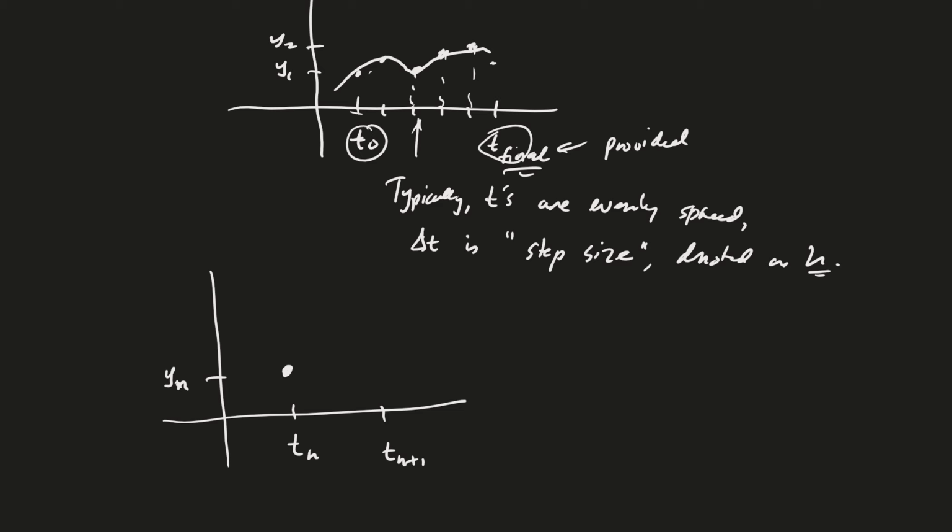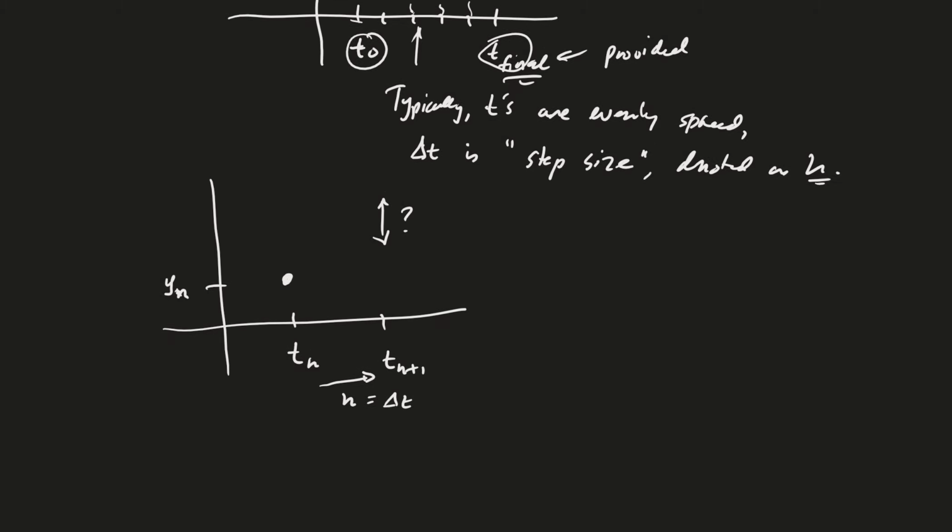And so the question is if I go across by h units, which is our delta t, how far up or down should I go, right? And so, of course, we remember we're given that y prime is equal to f of t, y. Okay?